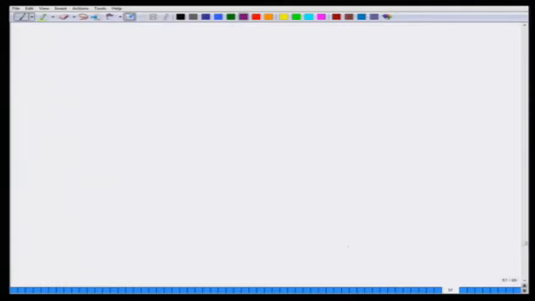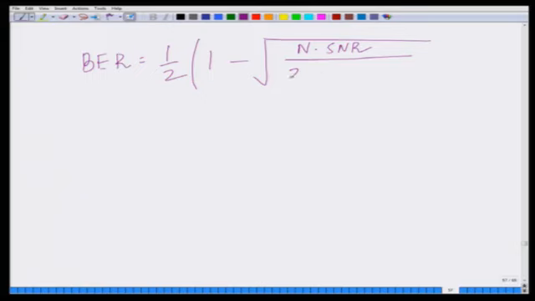We have the expression for the bit error rate, as we have already seen, given as bit error rate is half times 1 minus square root of n times SNR divided by 2 plus n times SNR, and we have n equal to 256.